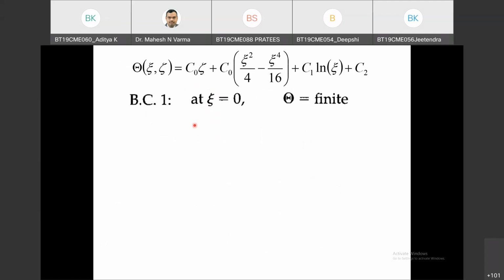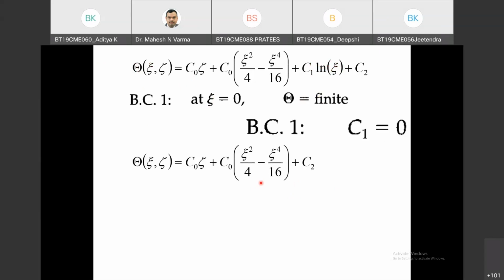If you substitute this 0 here, ln 0 is undefined. So C1 must be equal to 0 because ln 0 is undefined. I cannot have an undefined value of theta at any corner. Now C1 equals 0.